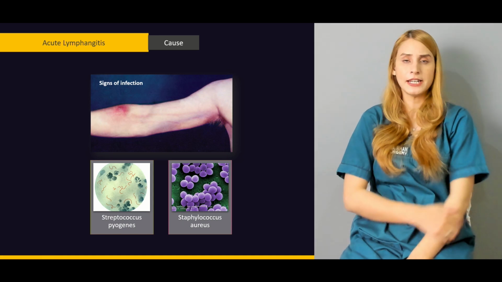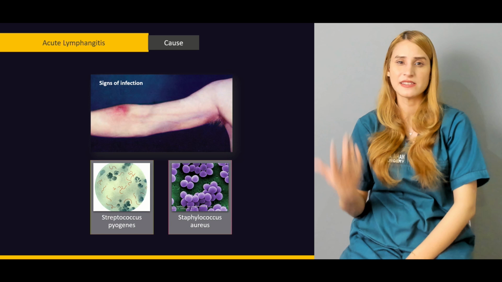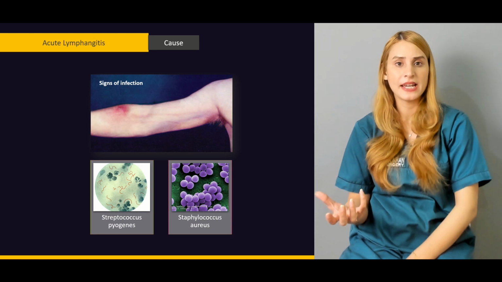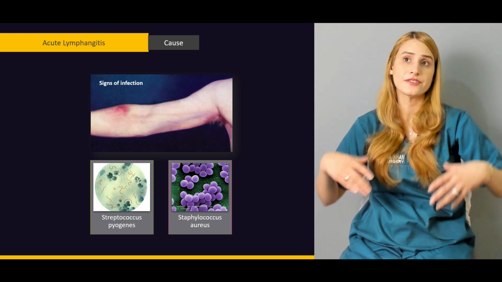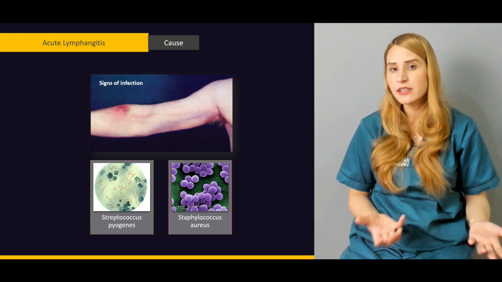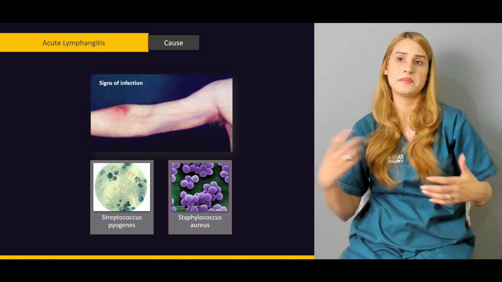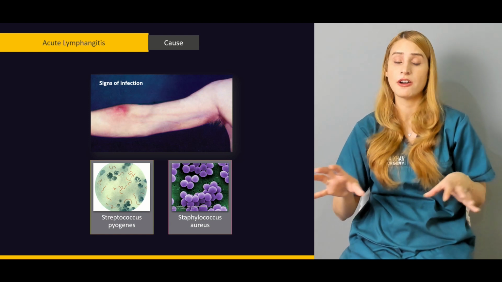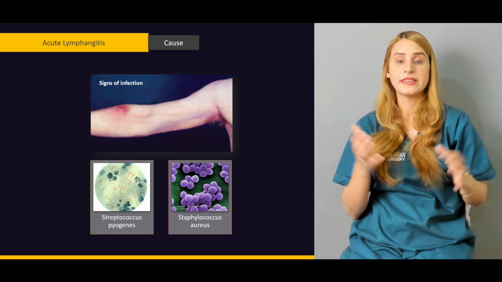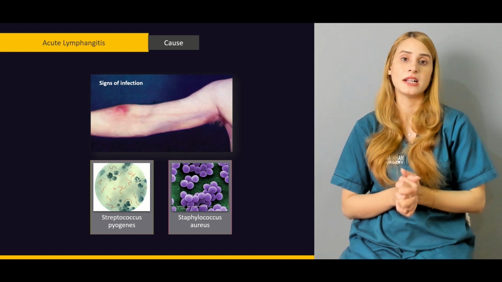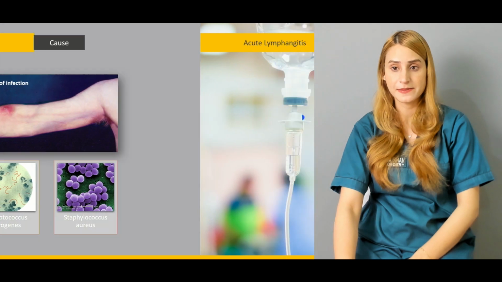So most of the time, lymphangitis is caused by Streptococcus pyogenes and Staphylococcus aureus, and there may already be a skin infection, or an infection within an organ, and the bacteria travel to the lymphatic channels as well, and they cause acute lymphangitis.